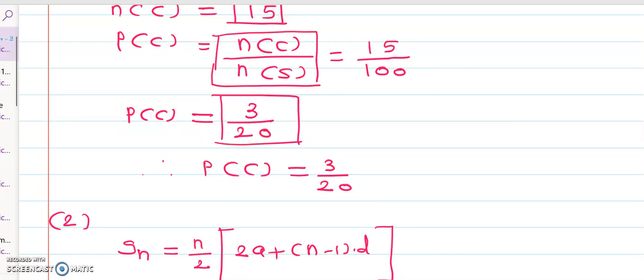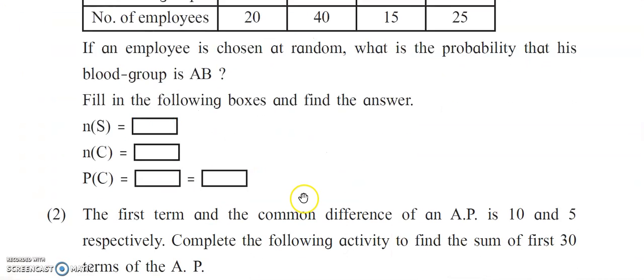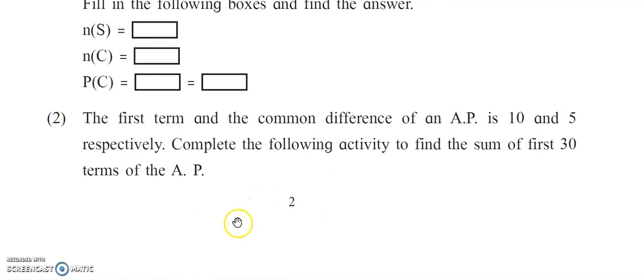Now, in the next question, the first term and the common difference of an AP are 10 and 5 respectively. Complete the following activity to find the sum of first 30 terms of the AP. Again, this is a very simple question.